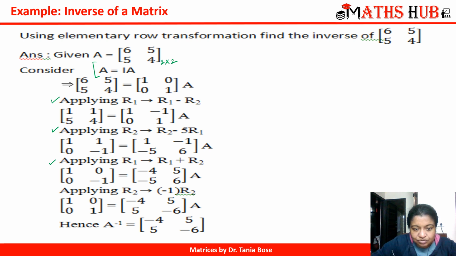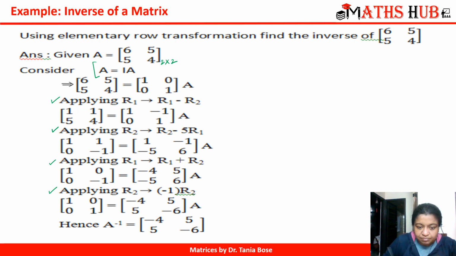And when we add these two rows on the right side, we get minus 4, 5, minus 5, 6, right? And then we need to make this 1. So we have multiplied the second row with minus 1. We apply the transformation R2 is minus 1 times R2. The same operation is applied on the right hand side. So we get 5 and minus 6.